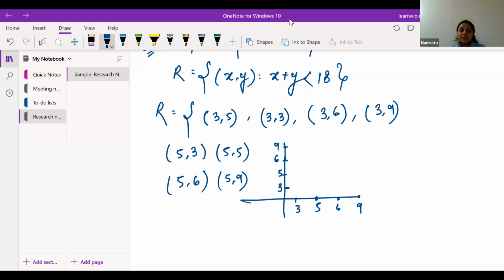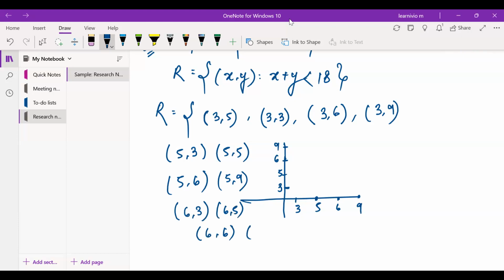Now we will take 6 with 3. We'll take 6 with 5. We'll take 6 with 6. Can we take 6 with 9? Yes, exactly. We can take because 6 plus 9, 15, which is less than 18.